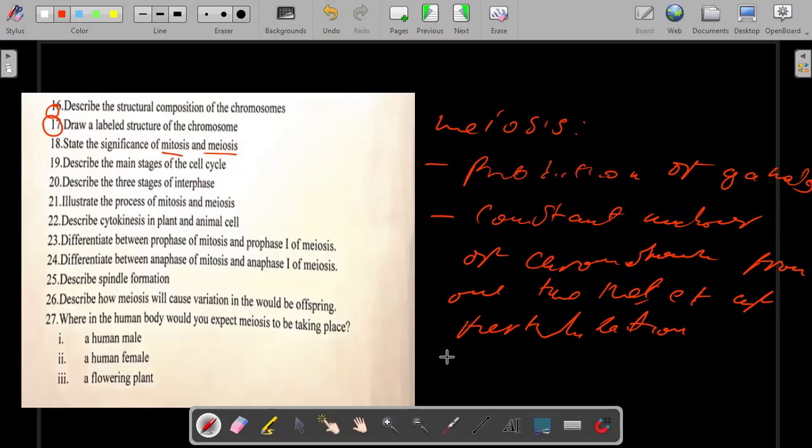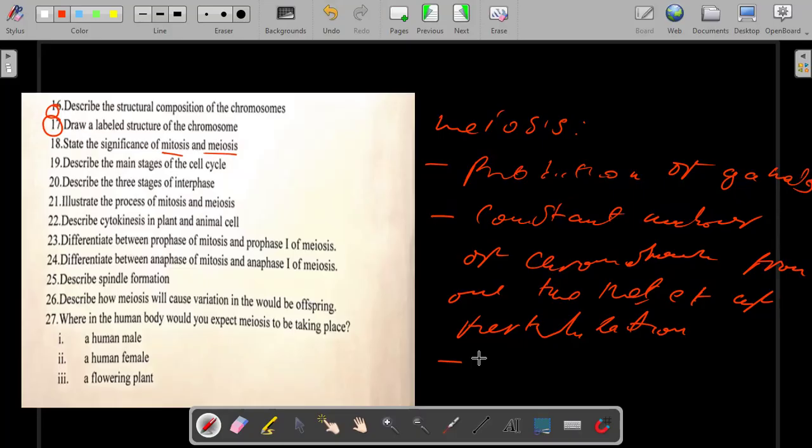The other importance of meiosis, it also creates genetic variation through crossing over. You know that during meiosis, crossover happens. Because of that crossover, and also independent assortment, it will cause genetic variation.